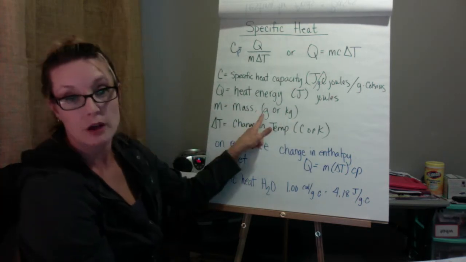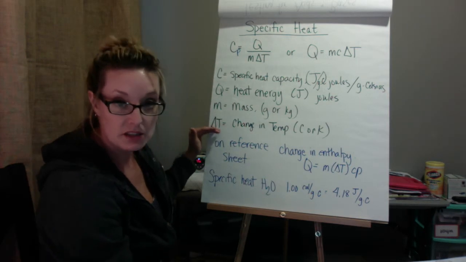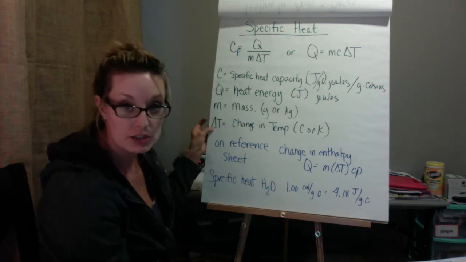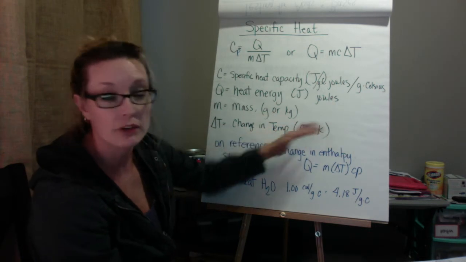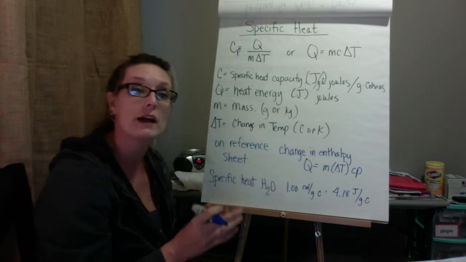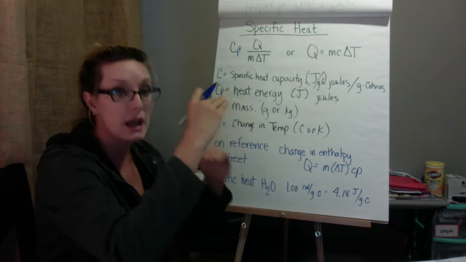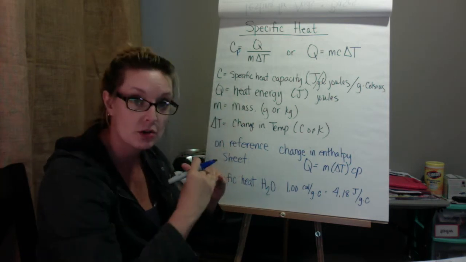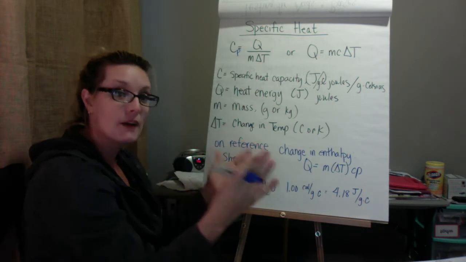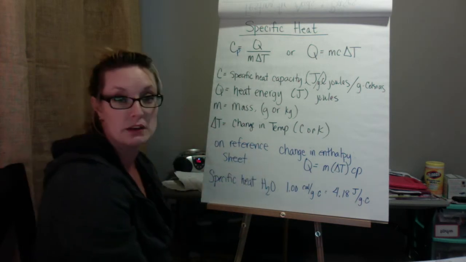Typically, you're going to see it in grams. The change in temperature, delta T, this little triangle T, means change in the temperature. The temperature can be in Celsius or Kelvin. It does not matter because you don't want the actual temperature, you want the change in the temperature. It went from this to this. Find the change, and that's what gets plugged into your formula.